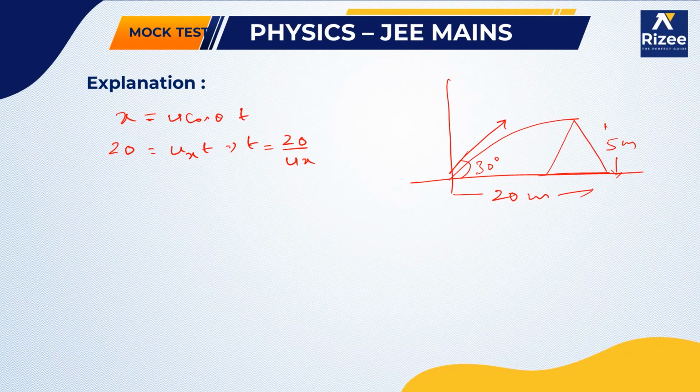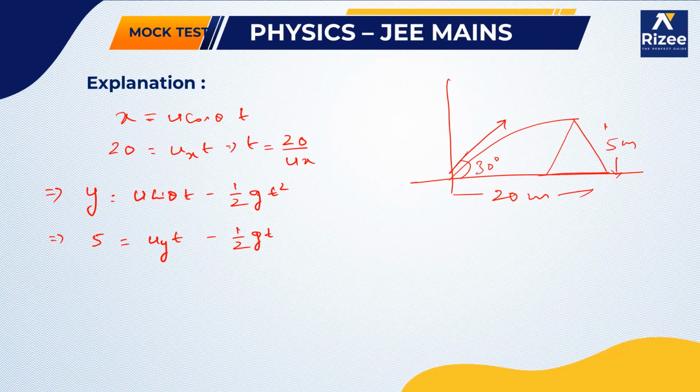Now for the vertical displacement, y is equal to u sin theta into t minus half g t square. So the vertical displacement 5 is equal to uy into t minus half g t square.